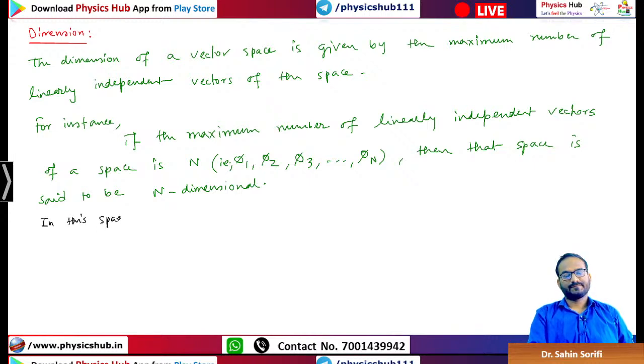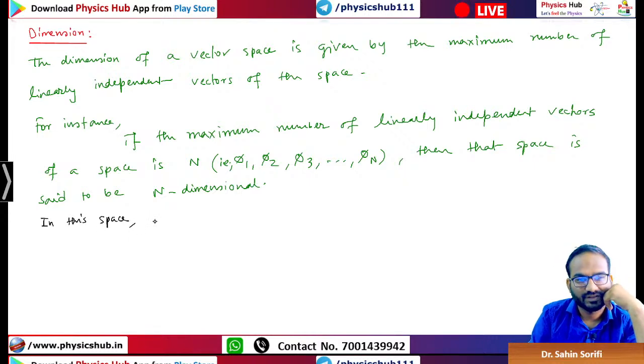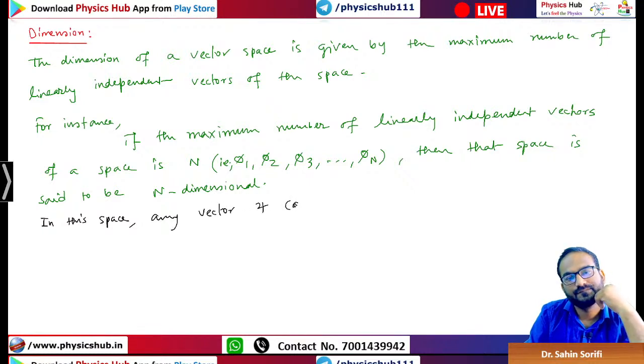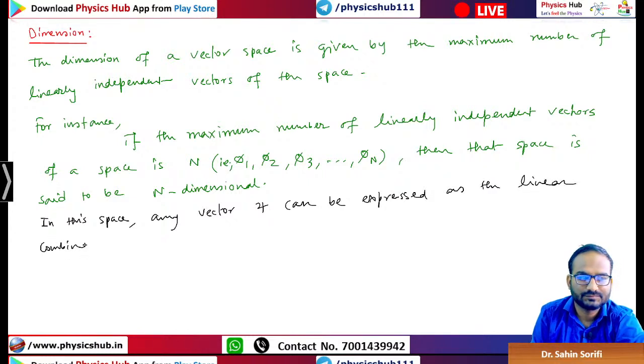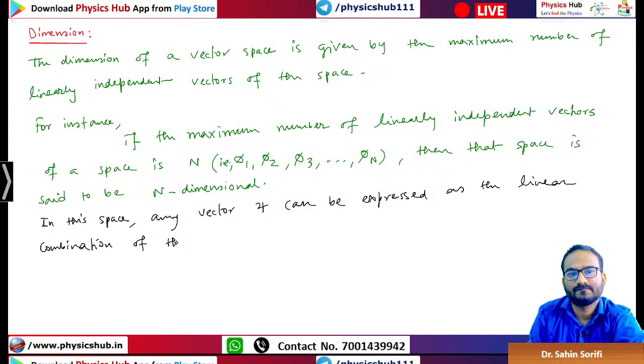In this space, any vector psi can be expressed as the linear combination of the n linearly independent vectors.